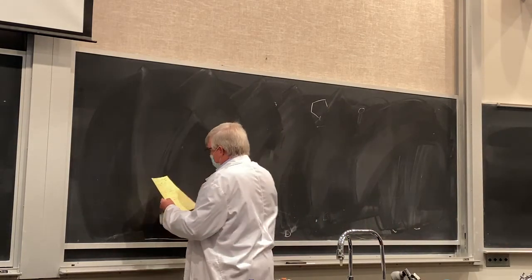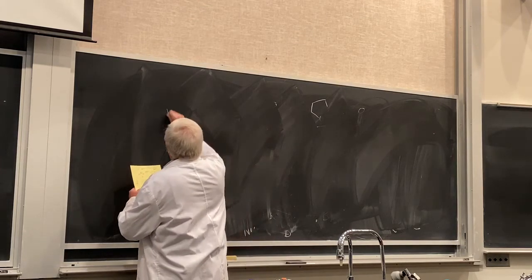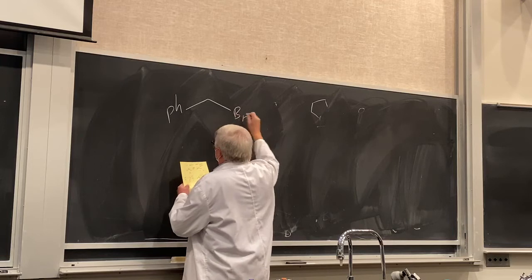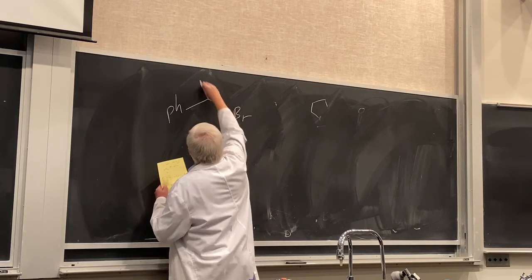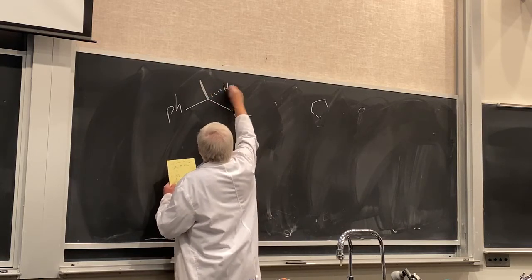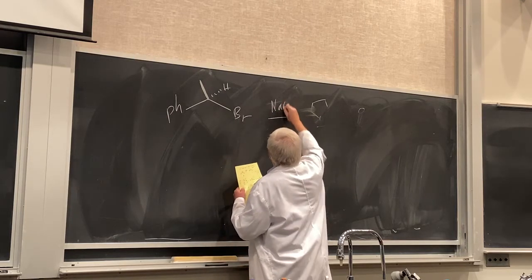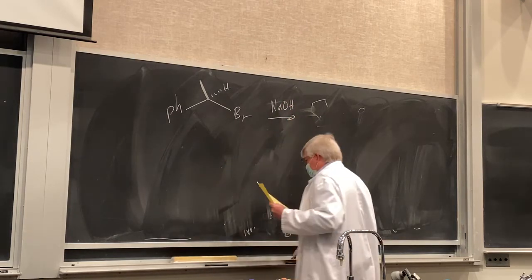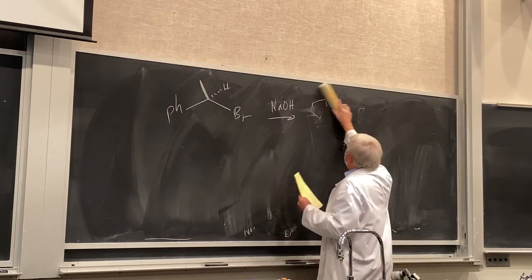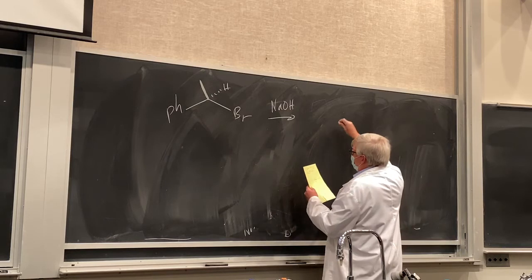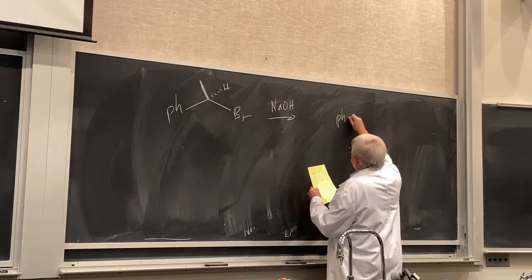Now let's see the reaction here that we're talking about. It's got a benzene and a bromide and a methyl and a hydrogen. And we're reacting it with sodium hydroxide. Now that's a pretty basic nucleophile, but it is good. And under the right conditions, we can get this product.